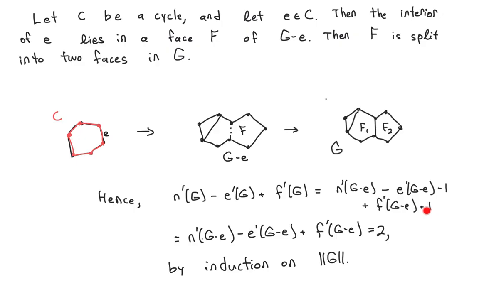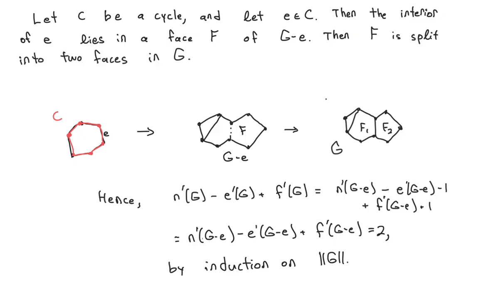And this minus 1 and plus 1 end up canceling. And so this calculation is the same as the same formula when you take an edge away. And then by the induction hypothesis, this formula has to be exactly 2. And so the original formula is also 2.